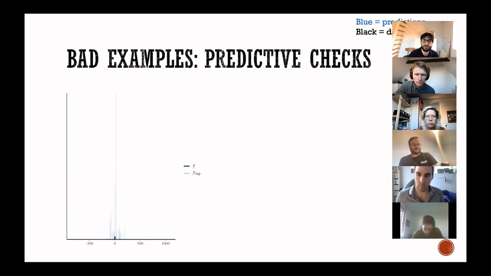The simulations from the model go all the way from -500 to 1,000, while the data is solidly at 0. Right. So basically what this is telling us is that from the priors only, we expect outcomes in a really unrealistic region.